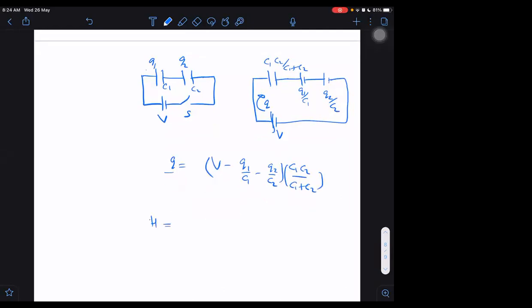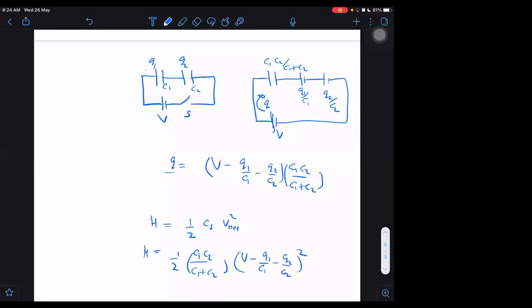Heat energy dissipated we can also obtain by the formula half into C series into V net square, which will be equal to half of C series, C1 C2 upon C1 plus C2, into V net squared. What is V net? V minus Q1 by C1 minus Q2 by C2, whole square.